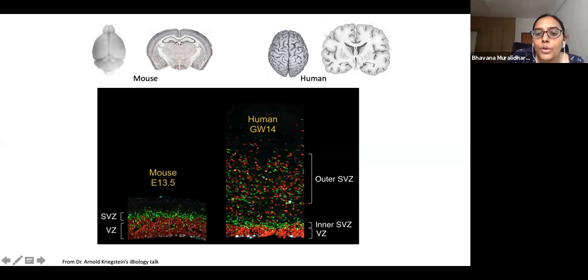As you can see here, the outer SVZ, which consists of the outer radial glia, has hugely expanded in the human, and this is highly implicated in the huge neocortical expansion which we see in humans. Not just this, the superficial layers in the humans are increased because of the outer SVZ progenitors having increased, and that has contributed to the neocortical expansion.